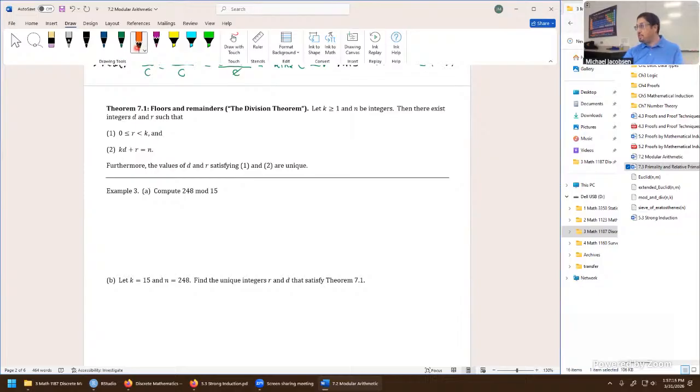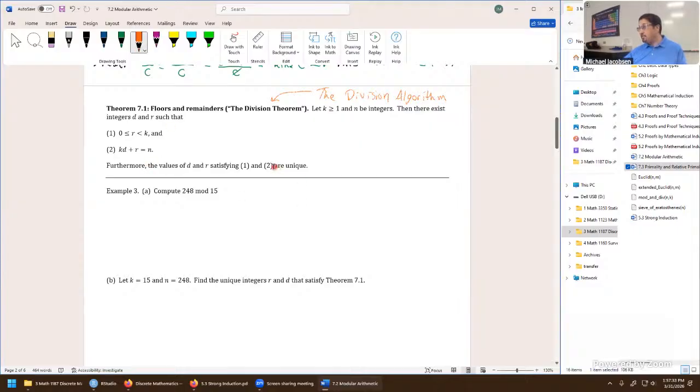And again, you might have heard of this, read about it in other places where it's often called the division algorithm. The division algorithm makes some pretty powerful statements.